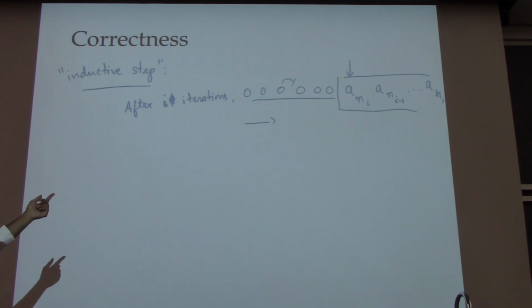And by the exact same argument we used for the base case, the (i+1)th largest element is the one that's going to be bumped all the way to this point.